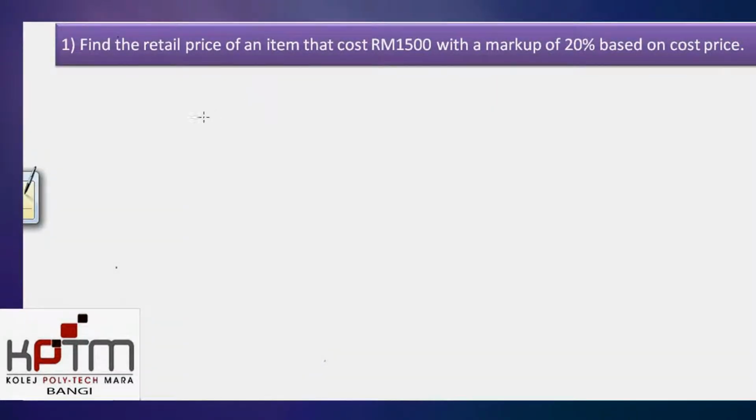This is the sample question for markup. First question: find the retail price of an item that costs 1,500 ringgit with a markup of 20% based on cost price. To find the retail price, we will use the formula R equals C plus M. So, given the cost price 1,500 ringgit plus the markup 20% or 0.2 multiplied by cost price, which is 1,500 ringgit.